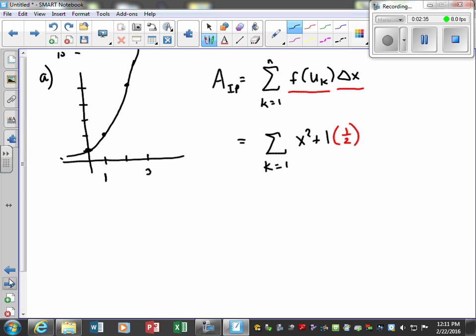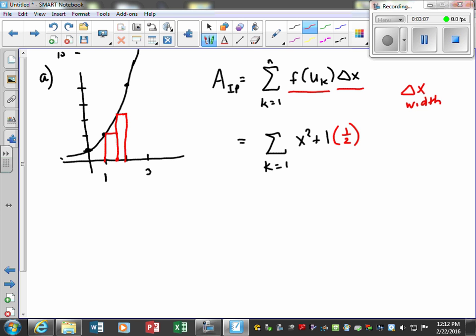So I'm only working with the region from 1 to 3, and I want my rectangles to have delta x of 1/2. Delta x is the width of the rectangle, so it's 1/2. So from 1 to 1 1/2 is going to be a rectangle. If I start up at the 1, I go over, I'm going to stop at 1 1/2. Okay, my next rectangle needs to be a width of 1/2, so I go up till I hit the function and I come back down.